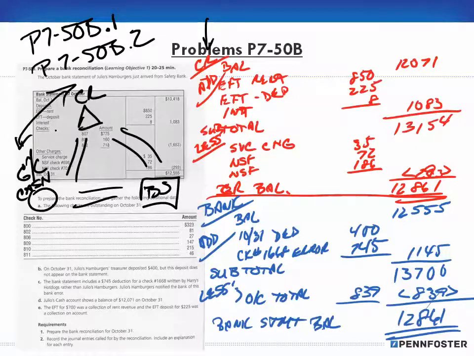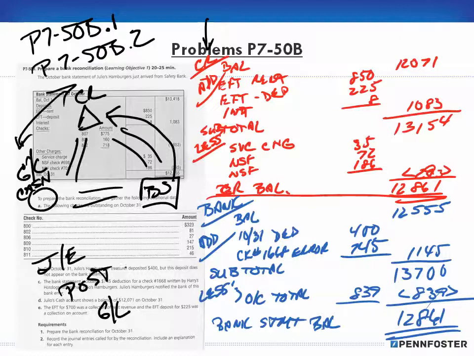However, we generally reconcile our bank statement to our check register for the simple reason that whatever we put in our check register has to be journalized. In other words, we have to make journal entries, and then we have to post those journal entries to the GL account. So the GL account can lag in information.